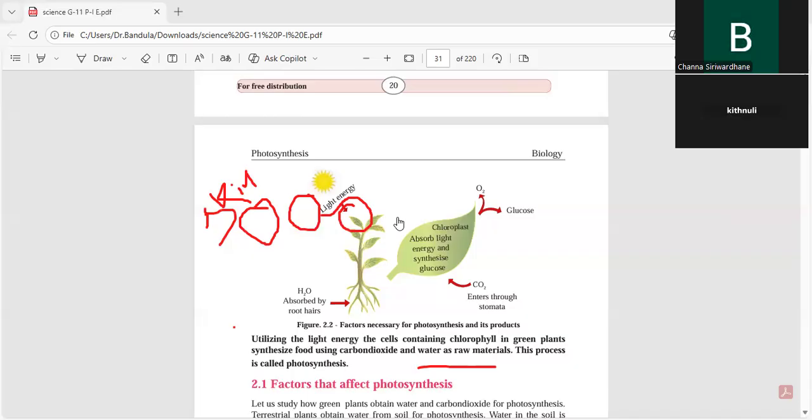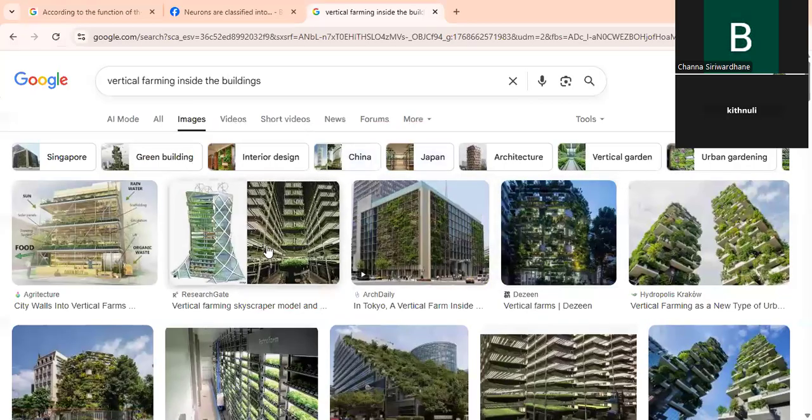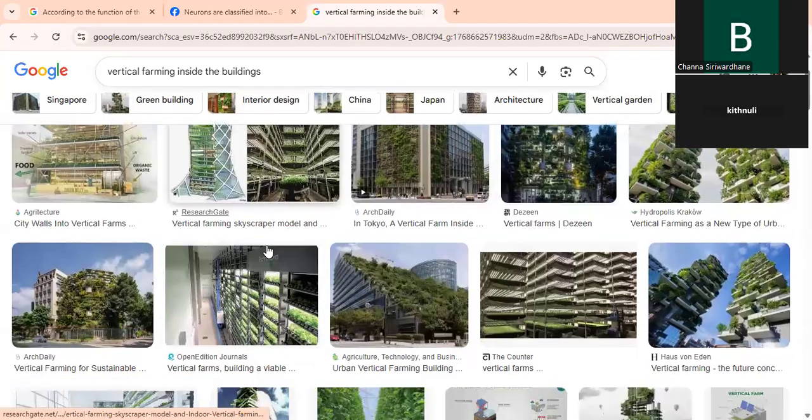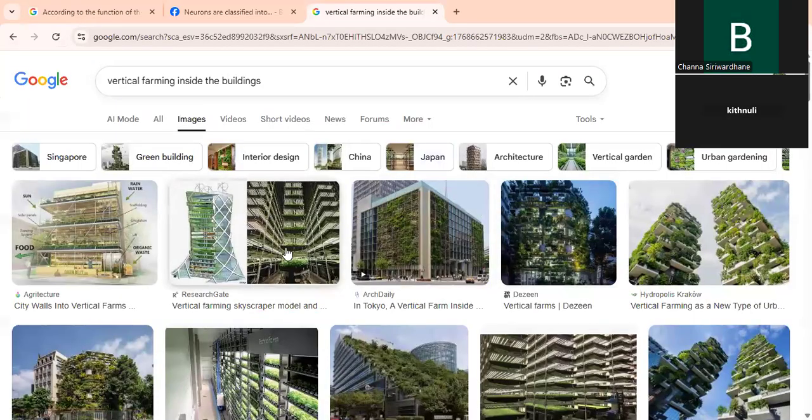Right? So the sunlight is not available in the internal area, so they are using lights like this. Did you see?